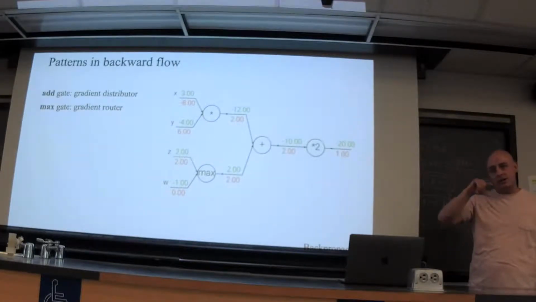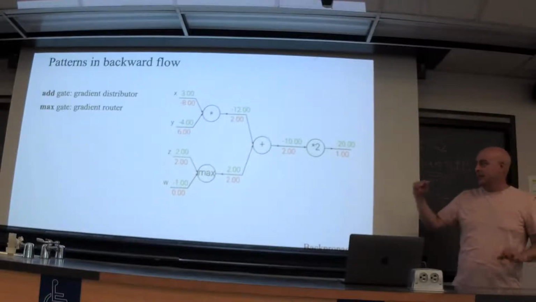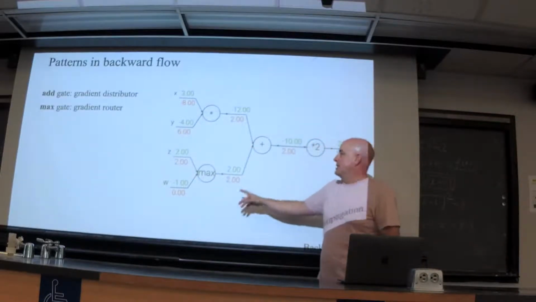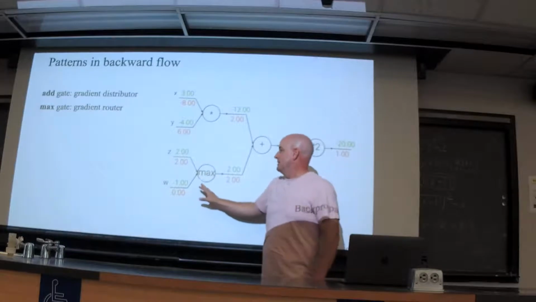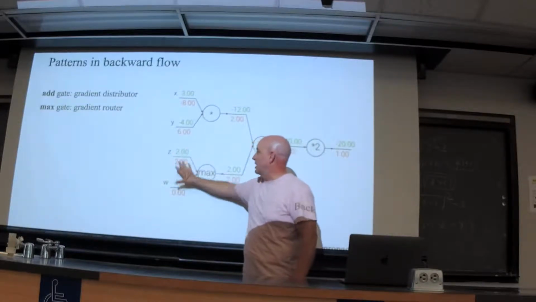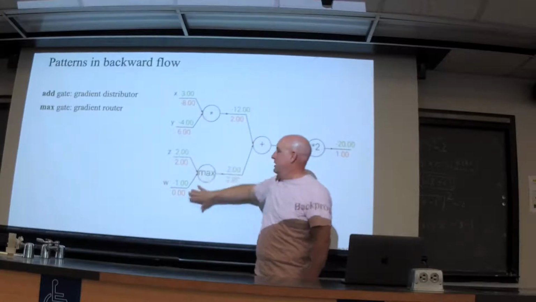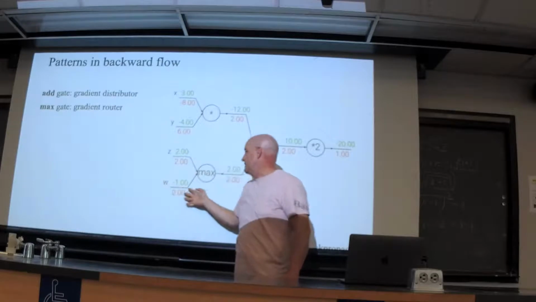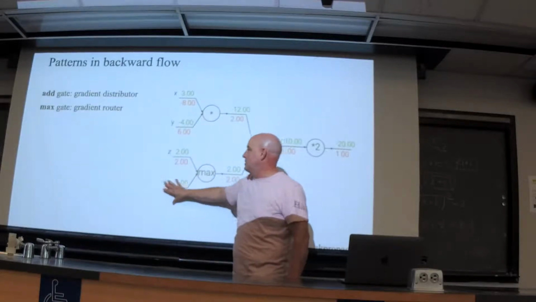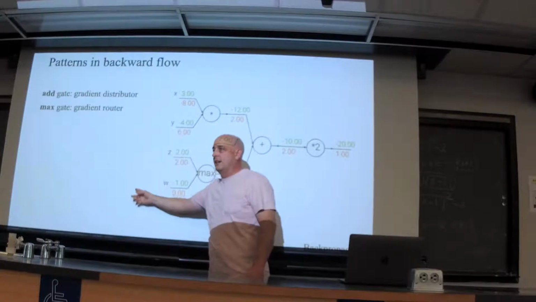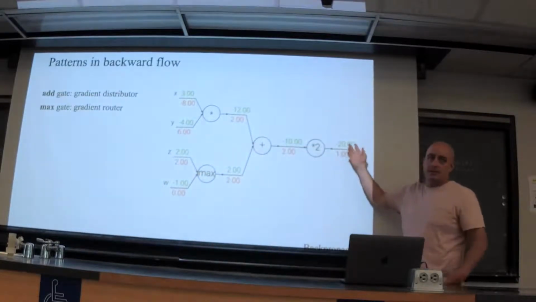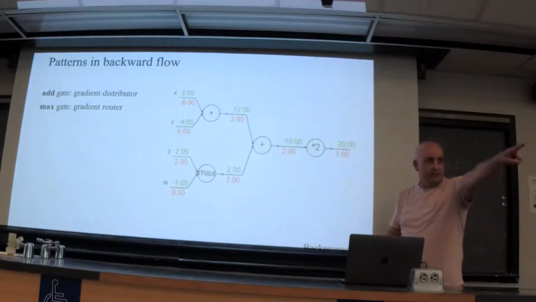But what you're trying to do is give signal on how to change your weights to change your loss. This max operation basically said, because this was larger, we're going to just pay attention to whatever's coming in here and not pay attention to anything here. So every other input here is going to have a total gradient of 0 because of this. It's no longer contributing to the loss, or to the final output.